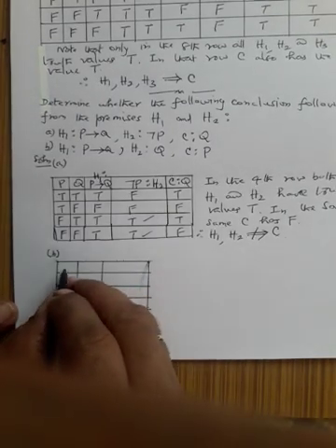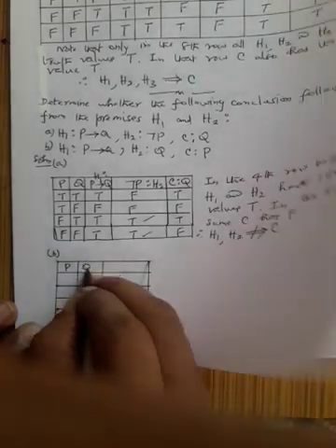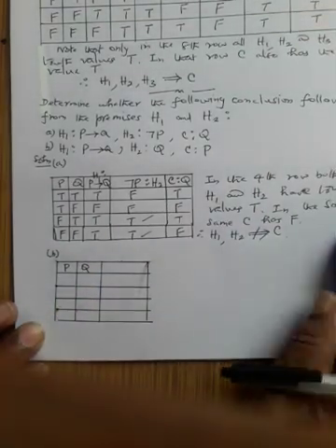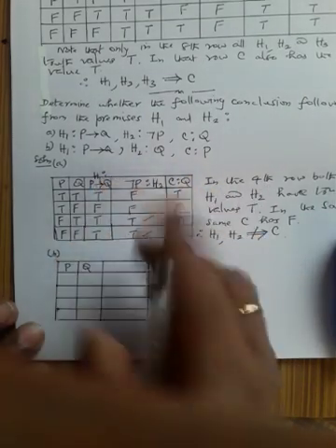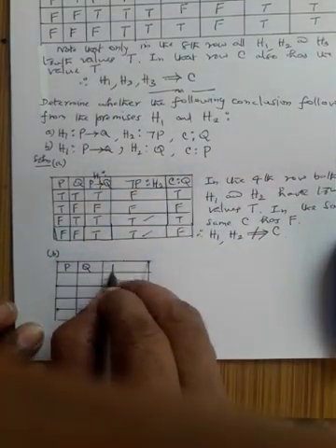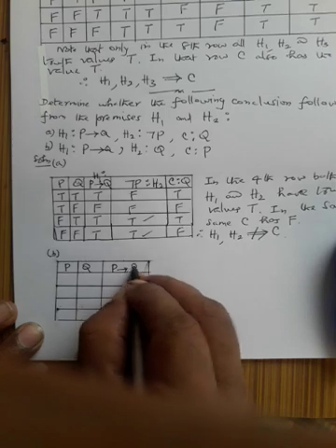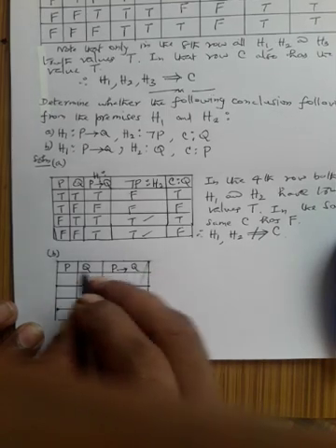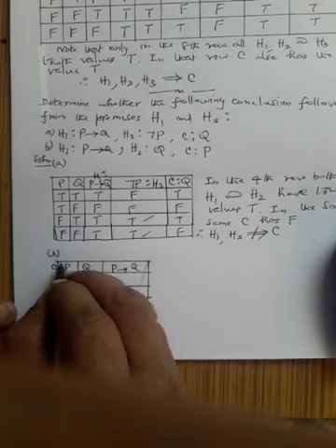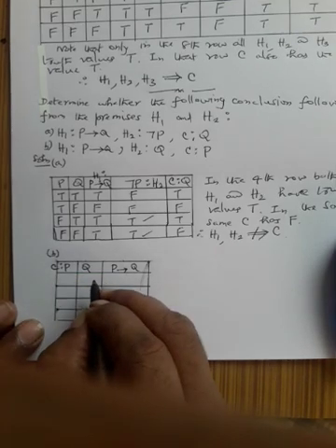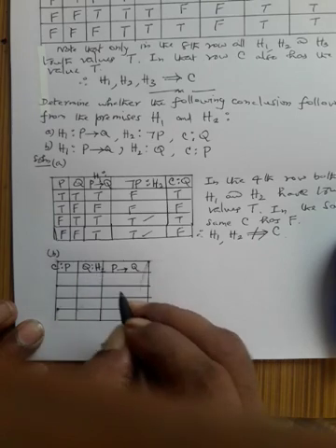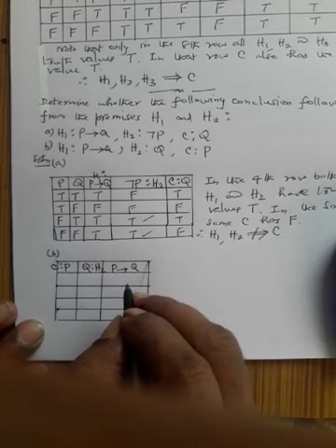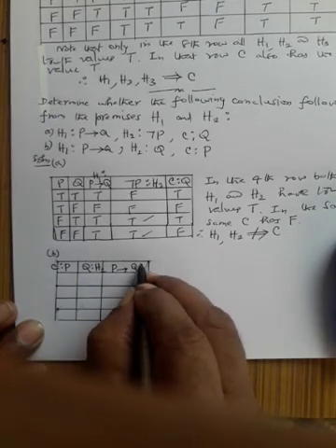Part B, the same two variables P, Q. H2 is Q, H1 is P conditional Q. So this is our conclusion, C. H2 is Q. P conditional Q is H1.